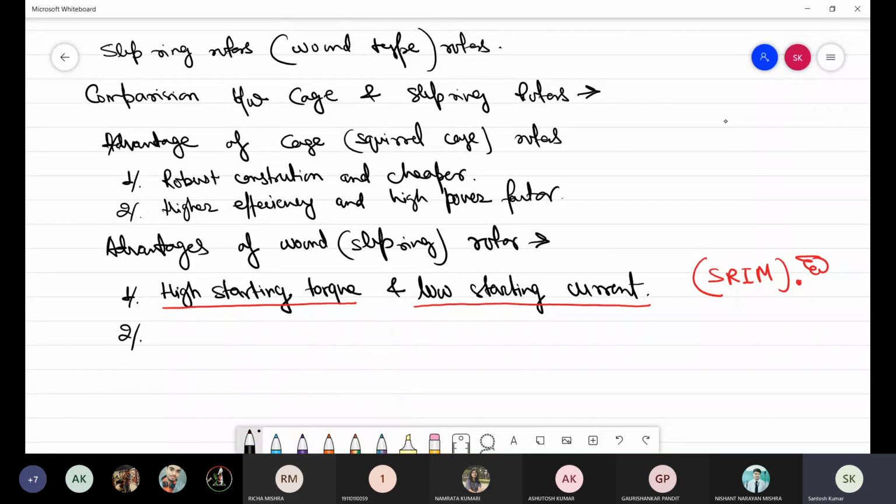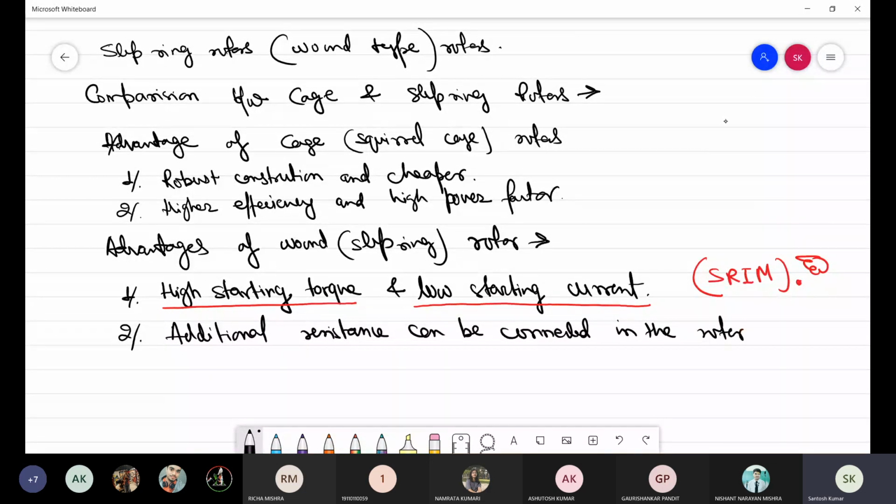Second point is additional resistance can be connected in the rotor circuit to control the speed.